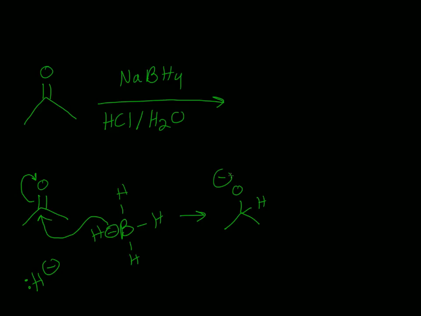Now we have this O minus, and we need to protonate that. That will be protonated by the HCl H2O part. So first step was the reduction. Second part is protonating that oxygen. So we can just write plus, I don't know, we could do HCl if you want.